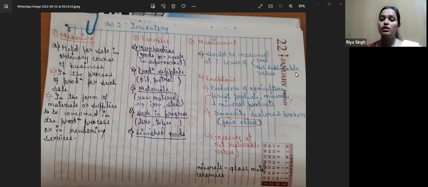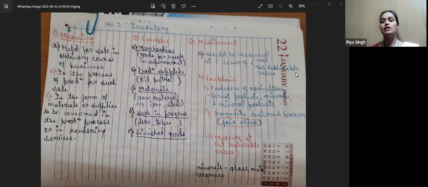Now, what is this cost and what is the net realizable value? Before transferring the amount to inventories, first we need to calculate the total cost of this inventory and the total net realizable value of this inventory. Whichever amount is lower, that will be the amount of inventory which we are going to show in our financial statement.